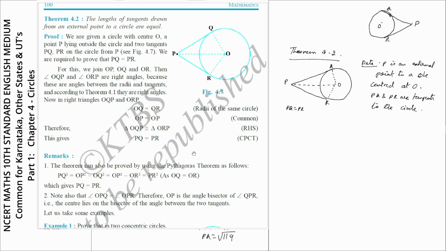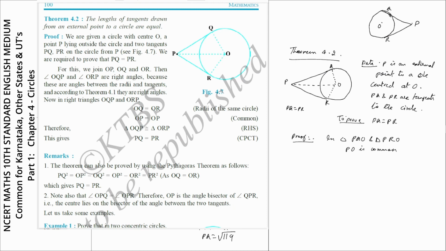Now here you can see that we need to prove that PQ is equal to PR. Now in proof, see, in triangle PQO and triangle PRO, side PO is common.